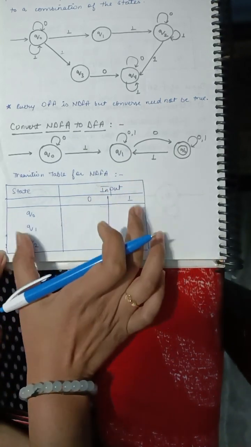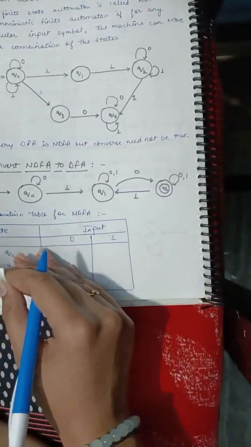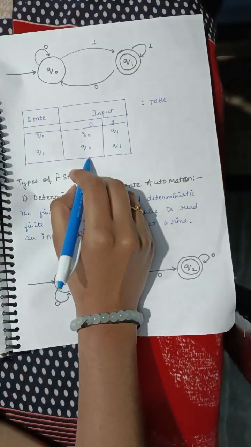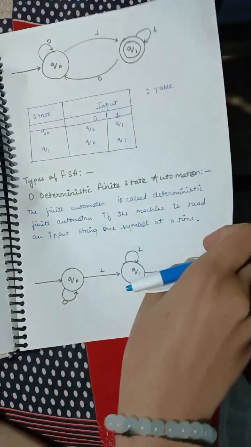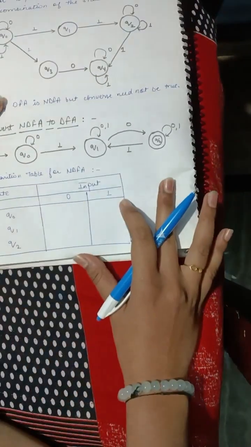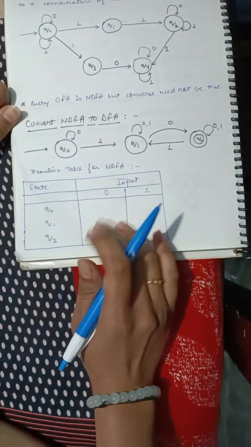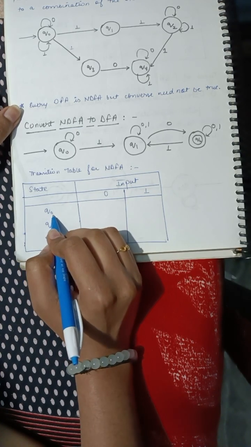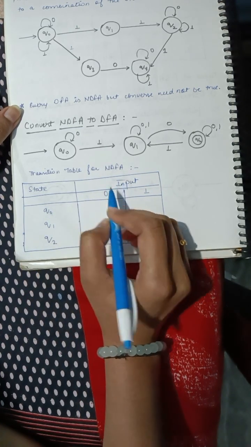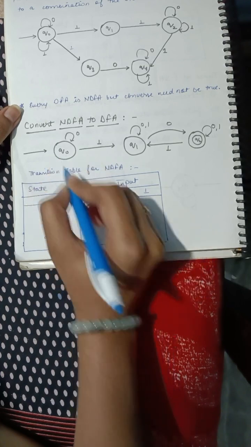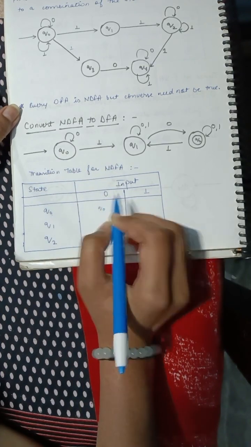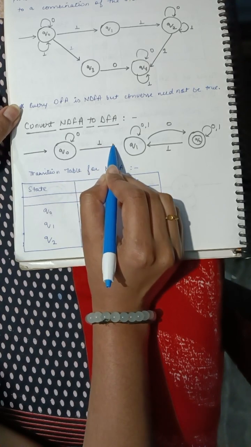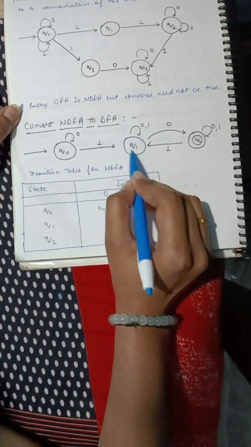So for a DFA, the diagram is represented in a table this way. But for an NDFA it will be represented as follows. Here we see that at Q0, at input 0 the value will be Q0 itself, and at 1 this arrow is towards Q1.